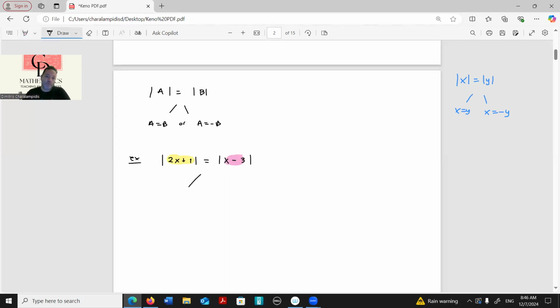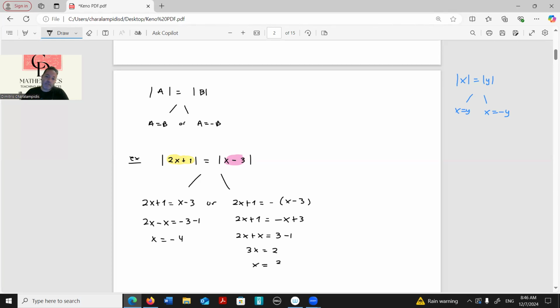And based on what we know from theory, we would get 2x plus 1 is x minus 3, or 2x plus 1 equals minus x minus 3. Now, I simply need to solve these two new equations separately. So 2x minus x is minus 3 minus 1, which means x equals negative 4, or 2x plus 1 equals minus x plus 3, which means that 2x plus x equals 3 minus 1. So 3x is 2, which further means that x equals 2/3. And these two are the solutions.